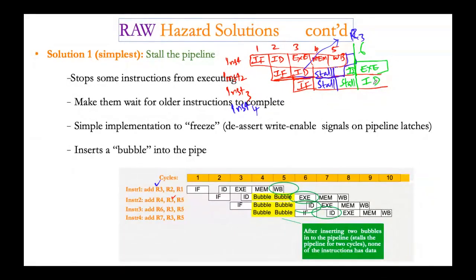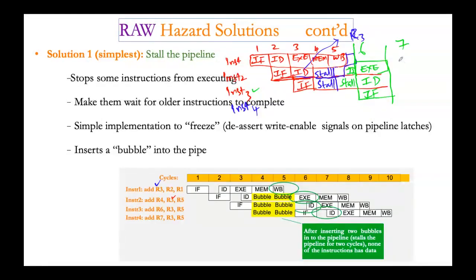When the third instruction is in the instruction decoding phase, the first stage becomes free. When the first stage becomes free, your fourth instruction will enter instruction fetching in the sixth cycle.